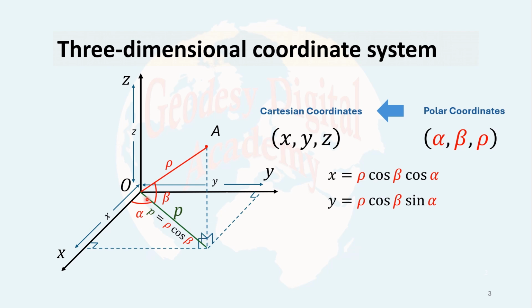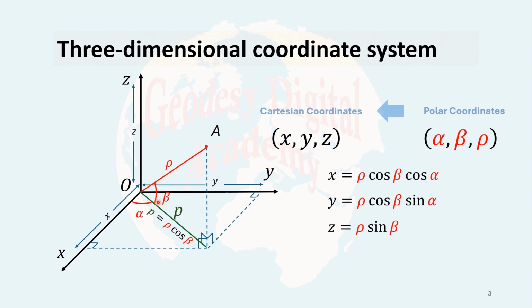And if I write, we have this side, and I have beta, and this side will be this side cosine of beta. So in that way, we can convert the polar coordinates to Cartesian coordinates.